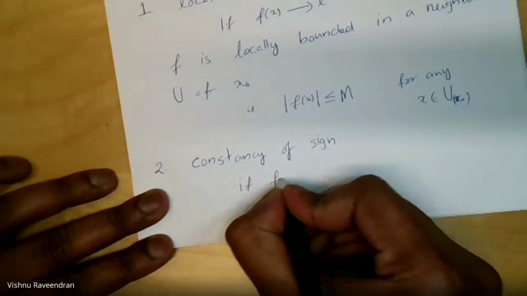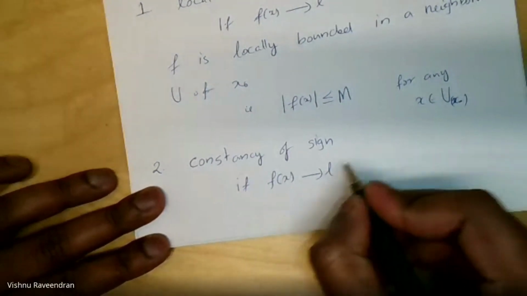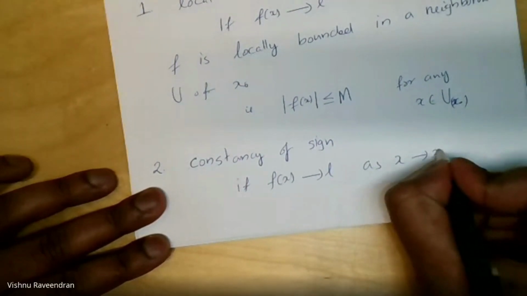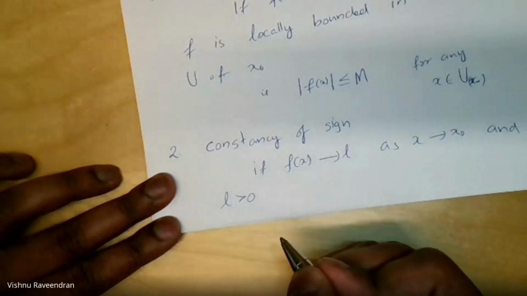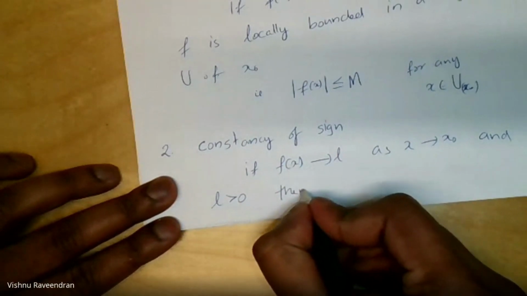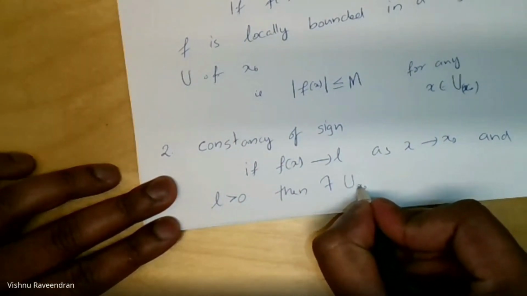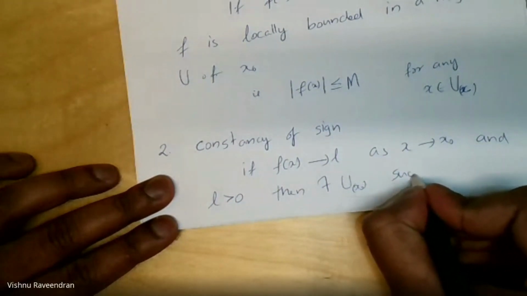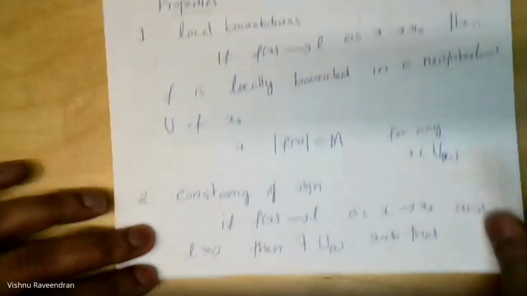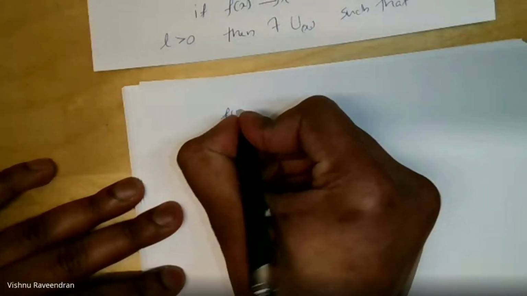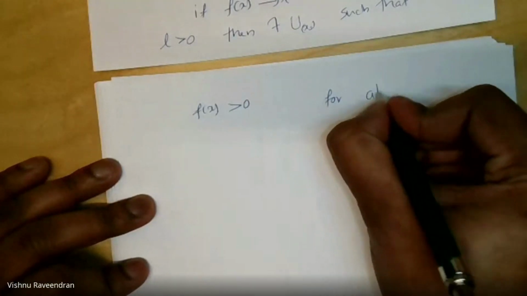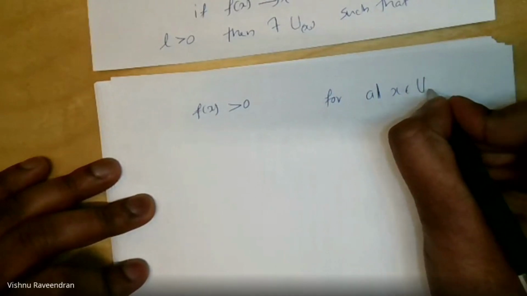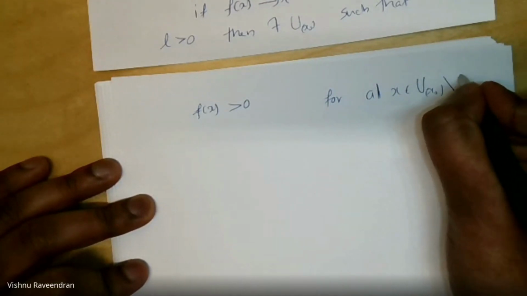It says that if f of x goes to L as x goes to x naught, and assume L is greater than 0, then there exists a neighborhood U of x naught such that f of x will be positive for all x in that neighborhood minus the x naught.